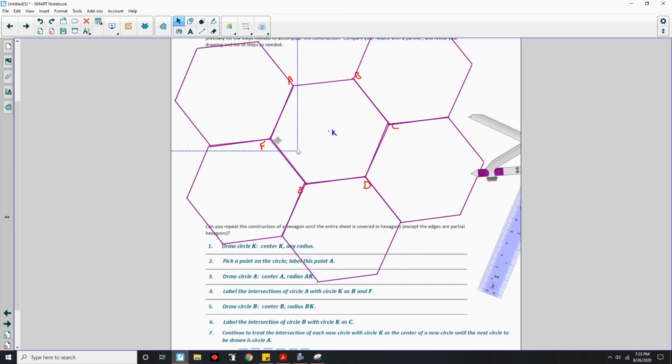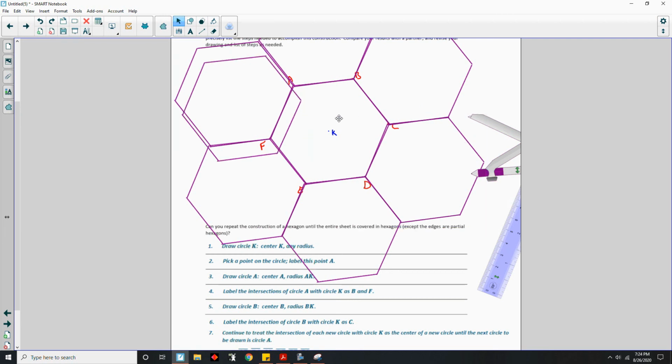This is called a tessellation, is the actual terminology for this. So that's what it would look like. So it would kind of look like a beehive. All right, and I could continue until there are partials. So let me do it one more time, and you'll see what it means.